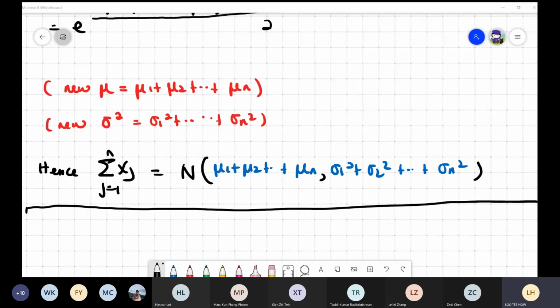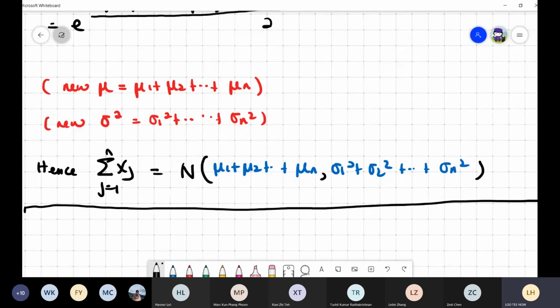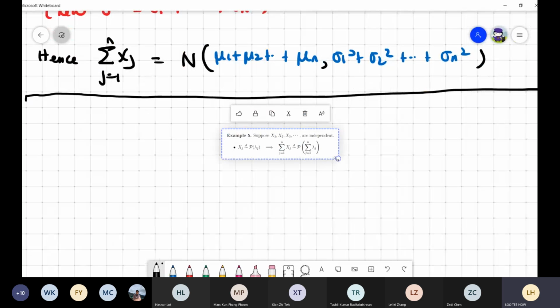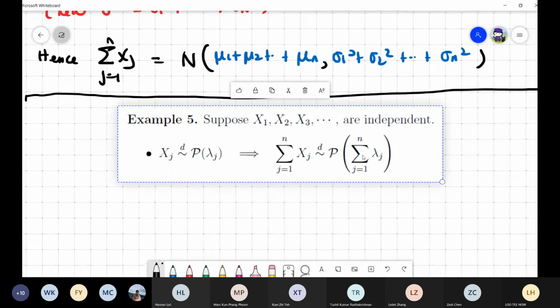Okay, let's look at another example, maybe the discrete case. The first one was the continuous case, so let's look at the discrete case.